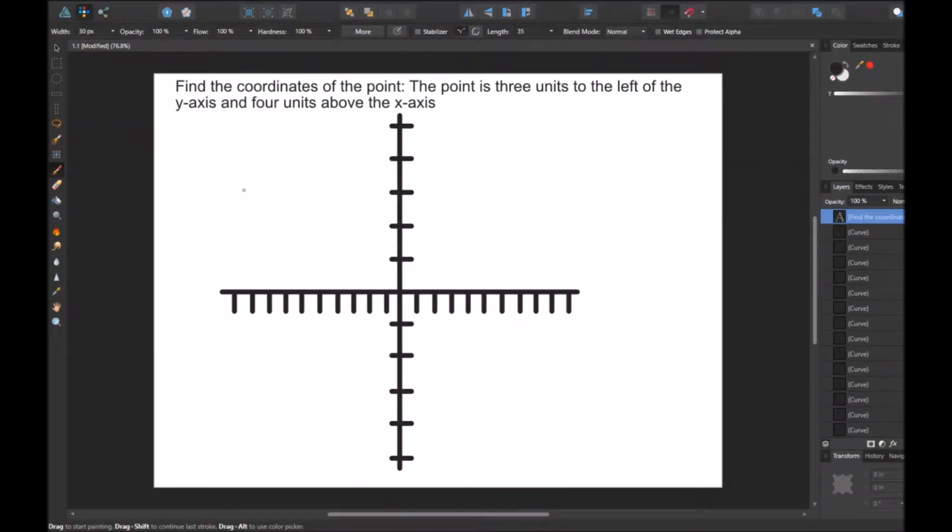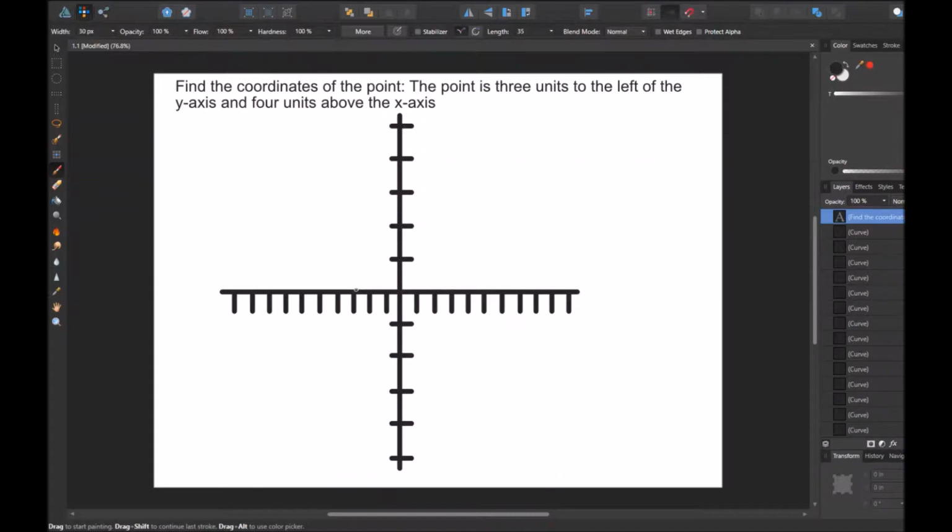Okay, so for this next problem, we are given the coordinate of the point in words, and we're asked to graph it and identify what that point is. So the first one we're given is the point is 3 units to the left of the y-axis and 4 units above the x-axis. Well, we know that this vertical line here will be the y-axis, so if it's 3 units to the left here, we go 1, 2, 3, which would be negative 3.